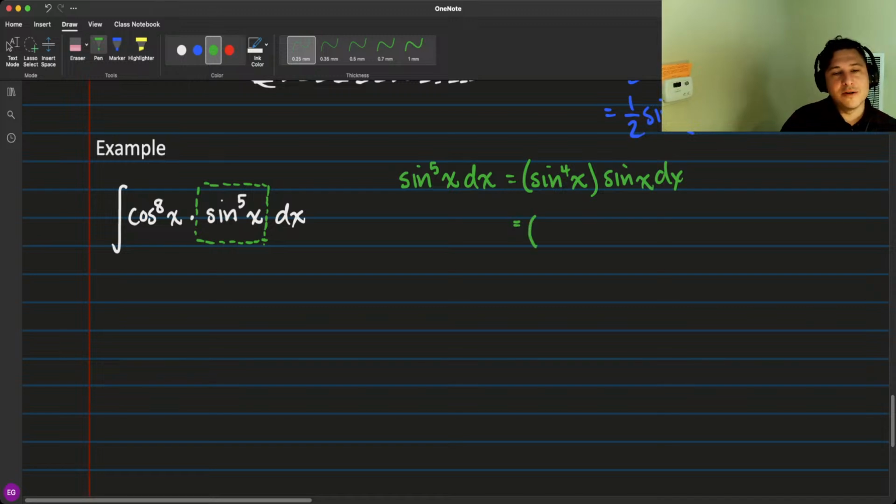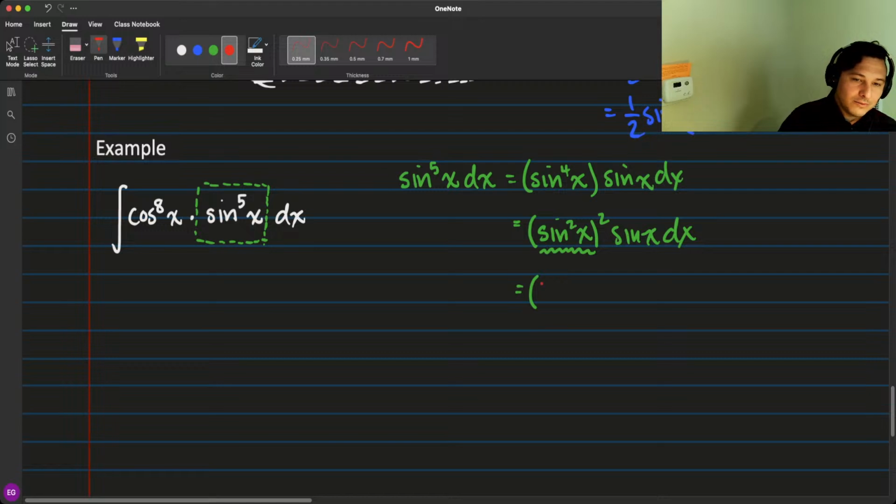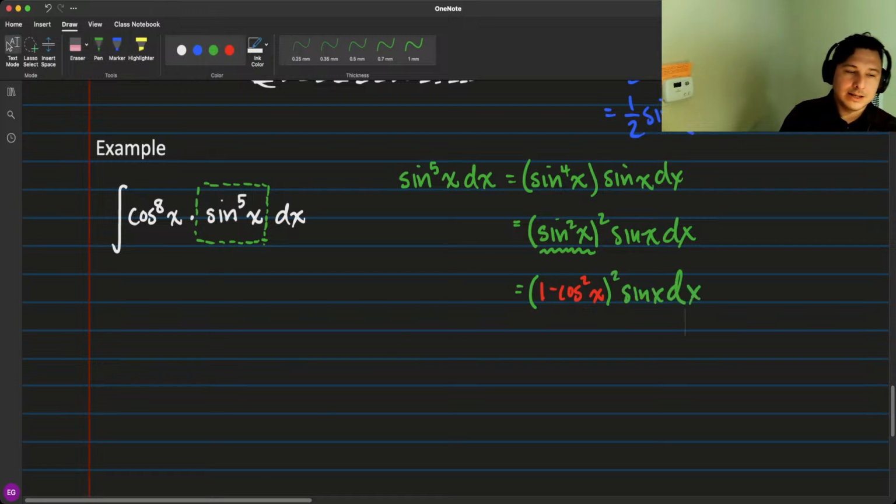And then that sine to the 4th is sine squared, and now I can replace that sine squared inside there. So this is 1 minus cosine squared x, all squared, sine x dx.